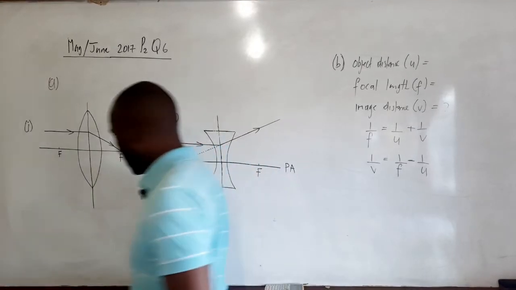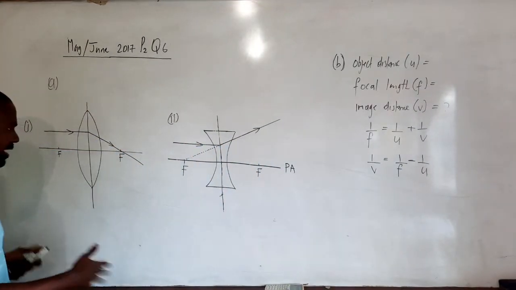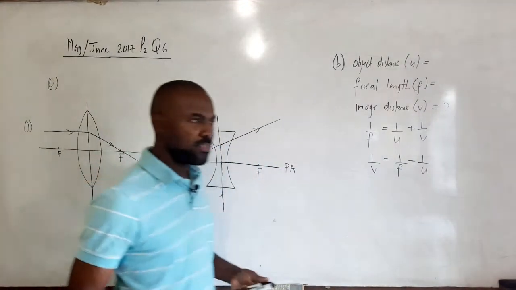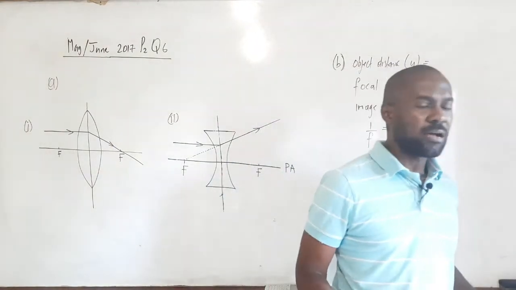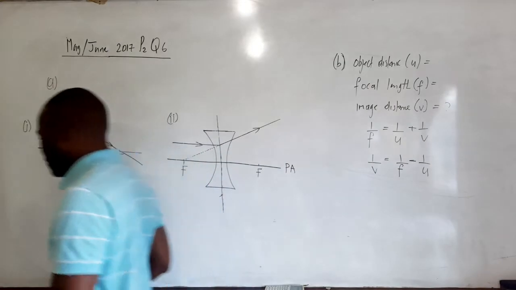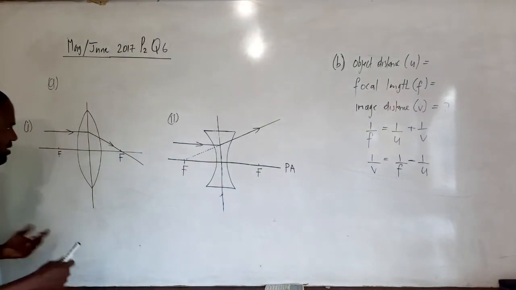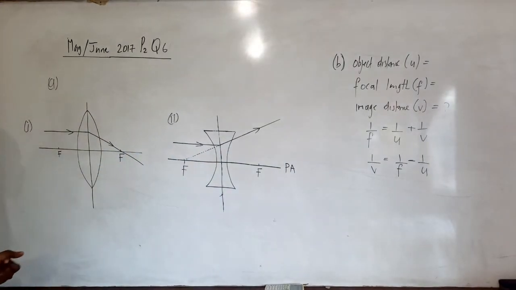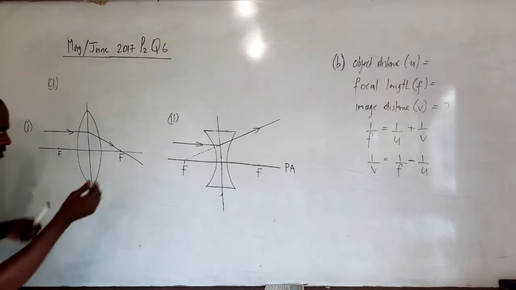I've gone ahead and drawn the diagrams, which you'd be expected to draw to define the principal focus of a converging lens or a diverging lens. Let's talk about a converging lens first. A converging lens, as the name suggests, converges rays of light after being refracted. This, of course, is the principal axis.